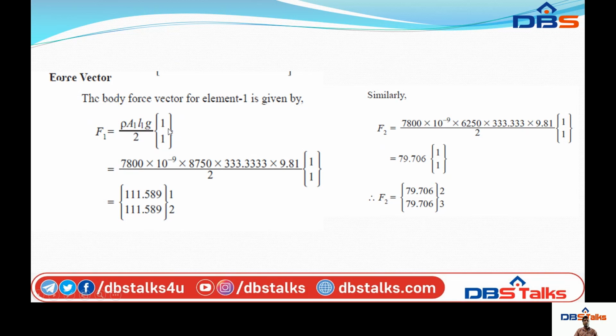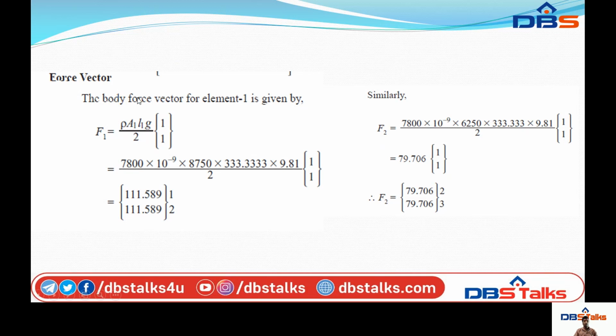So for that reason, I did not use this formula in the previous stepped bar problem. There, for calculating the temperature vectors or temperature loads, I took theta equal to A E alpha delta T times 1 1. The global load vector is the summing of all forces like body forces, temperature vectors, traction loads, and point loads.